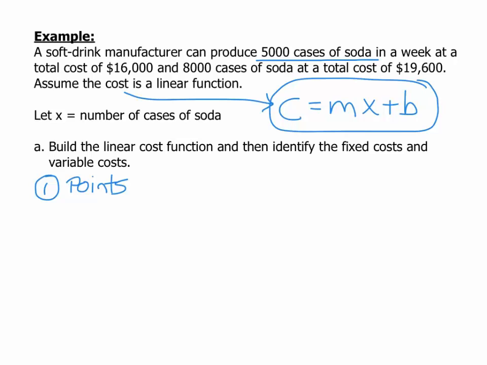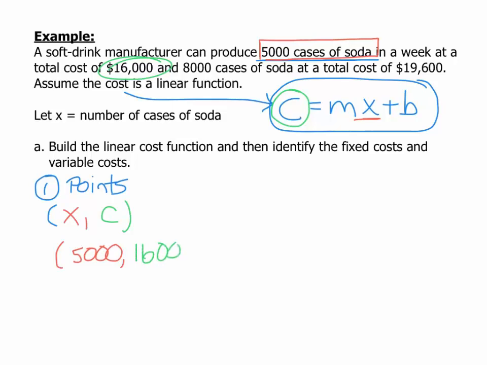So the first thing we need to do is find those points, and my x variable, this is my input, and my c variable, this is my output. So looking at this first value here, we're told that we have 5,000 cases of soda, so that's going to go in my input. At a total cost of $16,000, that's going to go in my output.